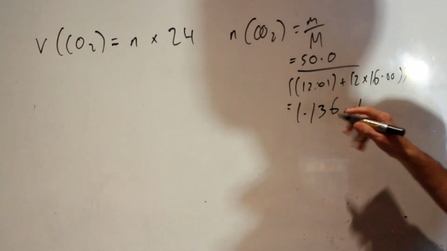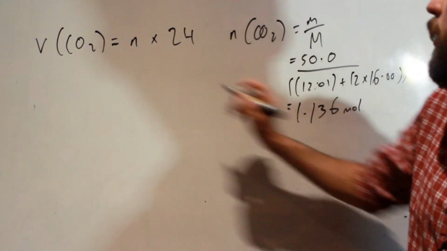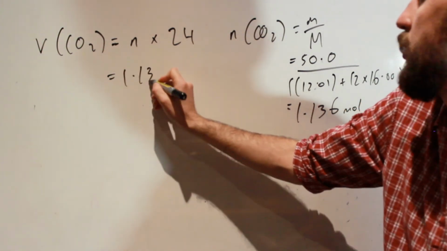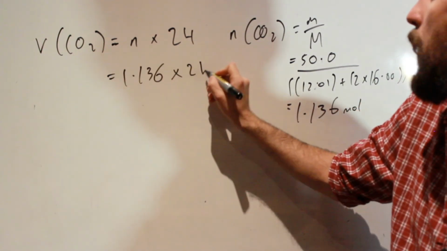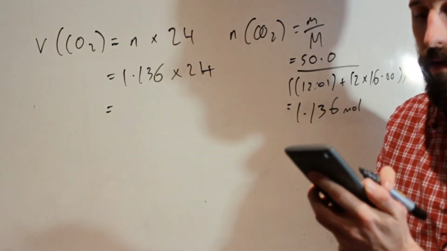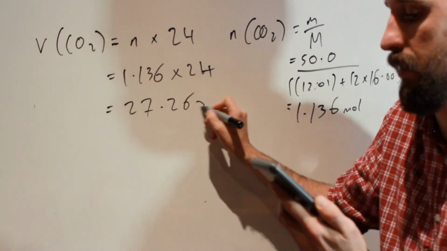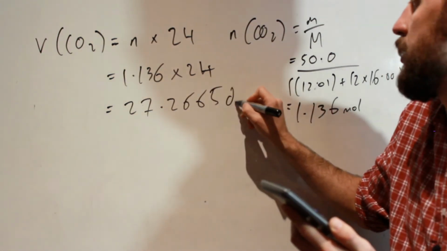So including our units here, but not worrying about rounding or significant figures, I'm keeping this value on my calculator. We're going to plug this over here into this equation, times that by our molar gas constant. This will give us an answer of 27.2665 decimeters cubed.